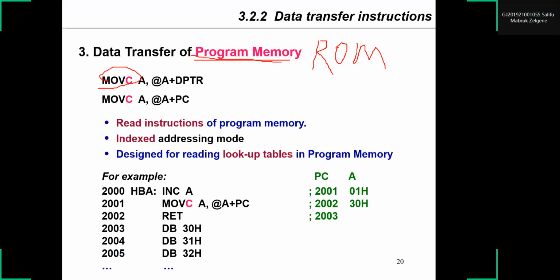Reading instruction of program memory: indexed addressing mode, designed for reading a lookup table in program memory.